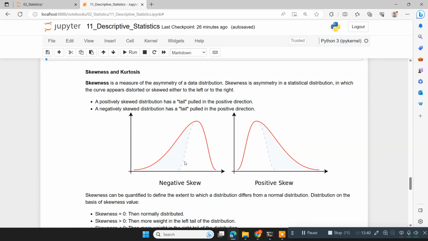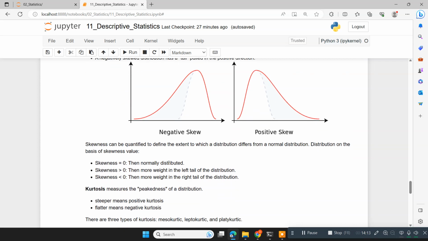Understand the difference: if the tail is pulled towards the negative direction, that is called negative skew. In other terms, when the slope is towards the left side, we say left skew, and when the slope is towards the right side, we say right skew.